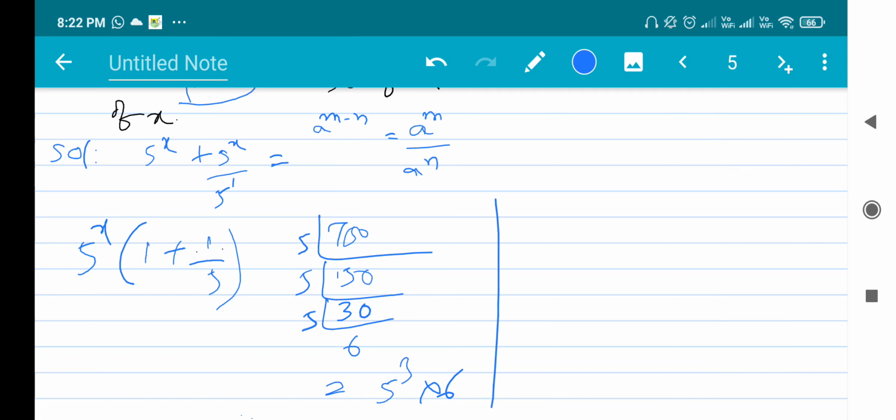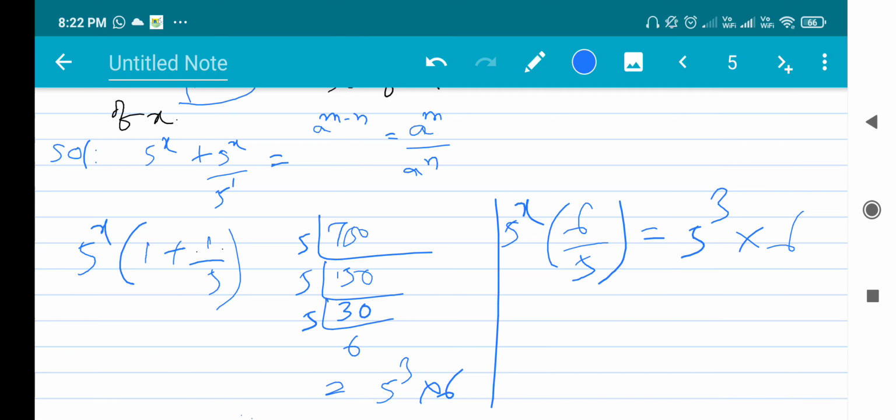So 5 to the power of x into 5 plus 1, 6 upon 5, is equal to 5 to the power of 3 into 6, the RHS we have already solved. So 5 to the power of x into 6 upon 5 is equal to 5 to the power of 3 into 6.